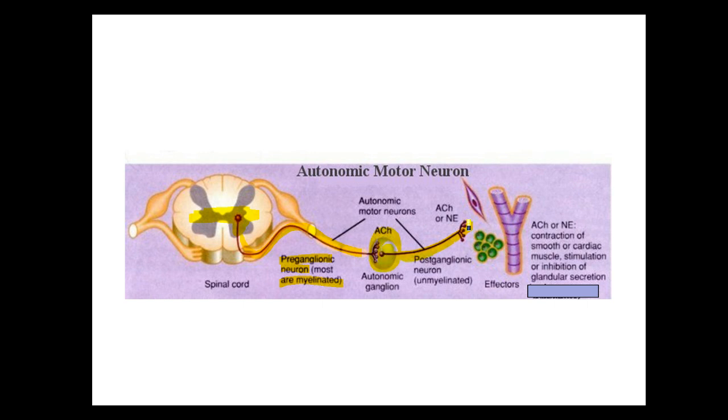That postganglionic neuron is going to go to the effectors, smooth muscle, cardiac, glands. That first motor neuron releases what? If you said ACH, you're correct. But the second motor neuron doesn't have to release just ACH. It can release ACH or NE.